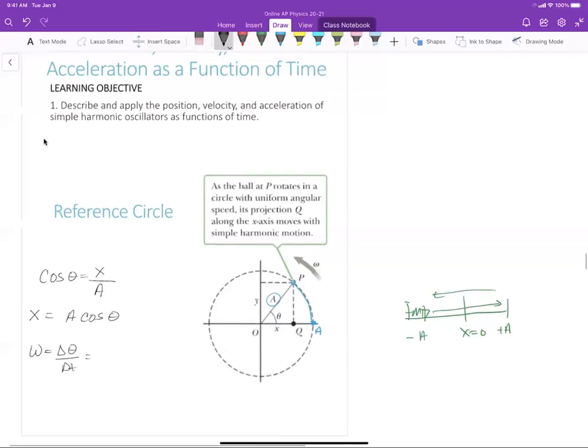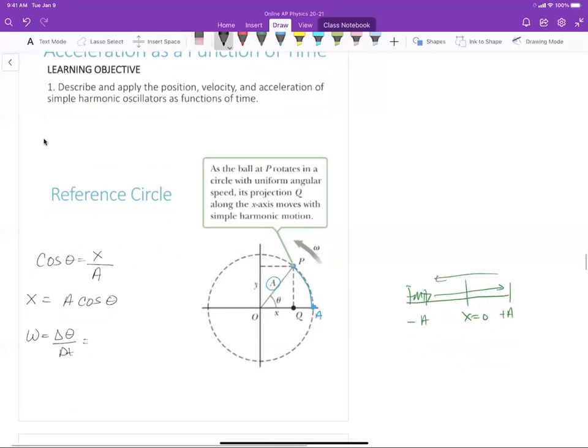And so we know that the change in theta with respect to time is its angular speed times the change in time. So we can replace theta with its angular speed times time, and that will be the amplitude times cosine of the angular speed times time.